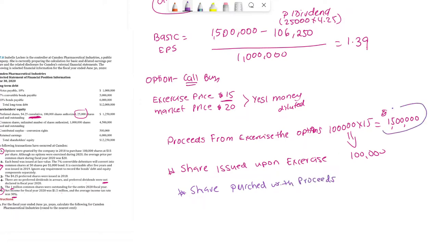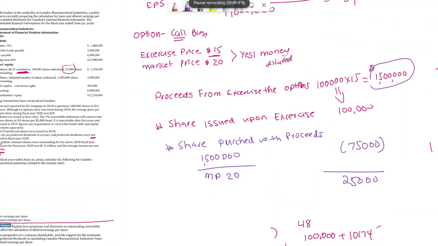As a company, it's 1.5 million, and then that's the proceeds divided by your market price. Market price is 20, and that gives you the shares purchasable with the proceeds. So you subtract the 75,000 from it, and then you are getting your incremental shares outstanding.